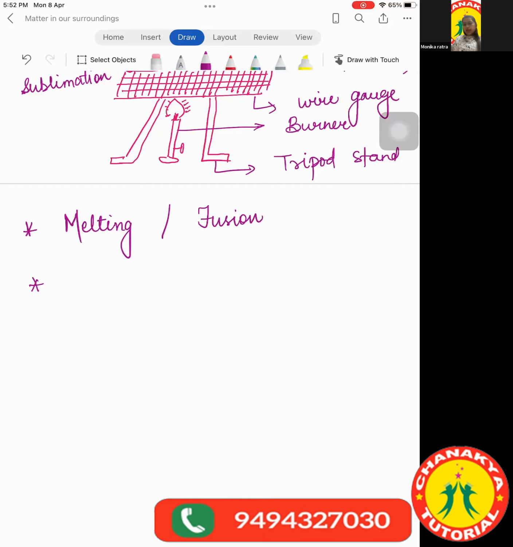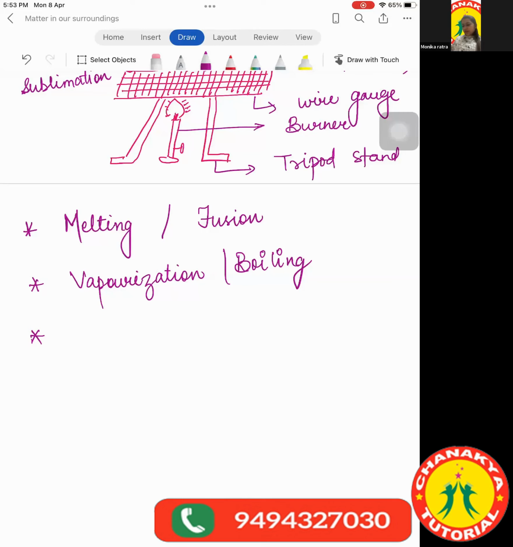Then secondly, we had studied about vaporization, which is also known as boiling. Children, we have various other things to study related to these processes, but today we will be studying only these processes so that you are aware about them, so that in the next class I can tell the other related things, right?